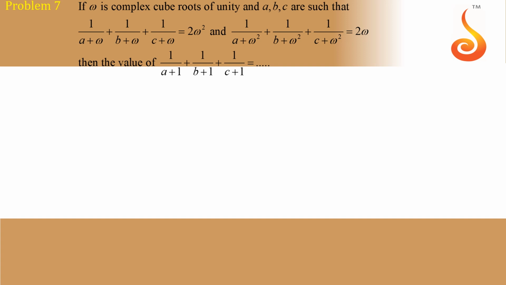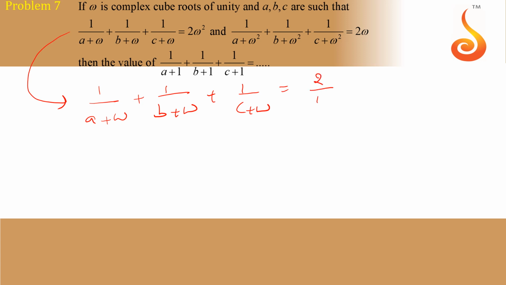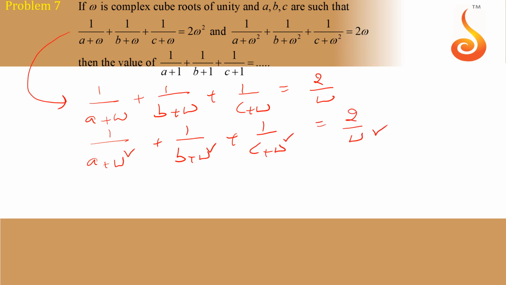If you observe carefully, the given information I can write like this: 1 by a plus omega, b plus omega, c plus omega is 2 by omega, since omega square I am writing as 1 by omega. Similarly, the second information, 1 by a plus omega square plus 1 by b plus omega square plus 1 by c plus omega square is 2 omega, which can be written as 2 by omega square.